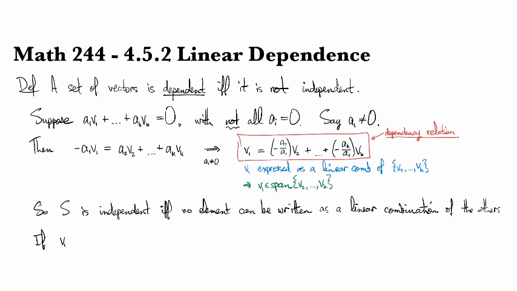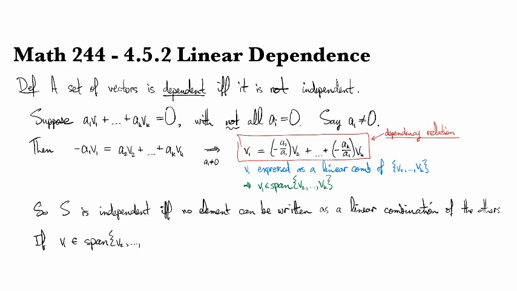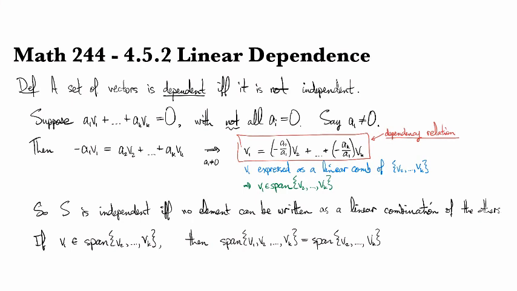All right, so this means that if v1, for example, were an element of the span of the other guys, then if we look at all the stuff that we can build out of v2 through vk, well, we can build v1. So by adding v1 to the set, we get nothing new. So the span of v1, v2 up to vk is exactly the same as the span of v2 through vk.